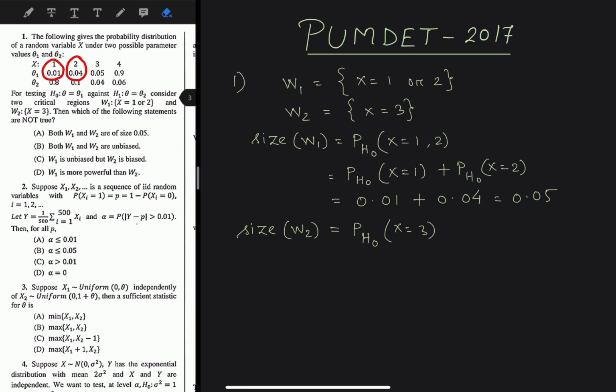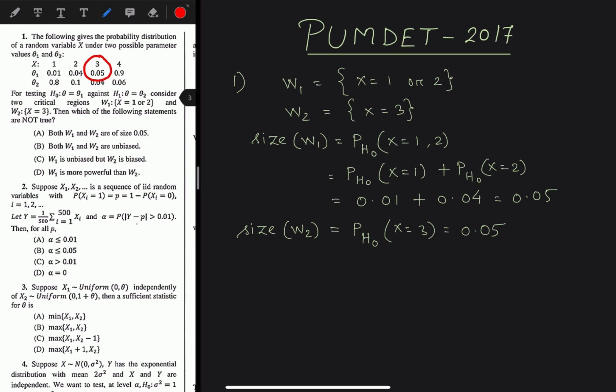Under H0 means theta equal to theta 1, and in the table we can see that the value will be exactly 0.05. So the size of W1 and the size of W2 are equal. So option A is correct, but we have to find the option which is not true, so the correct option here is A.